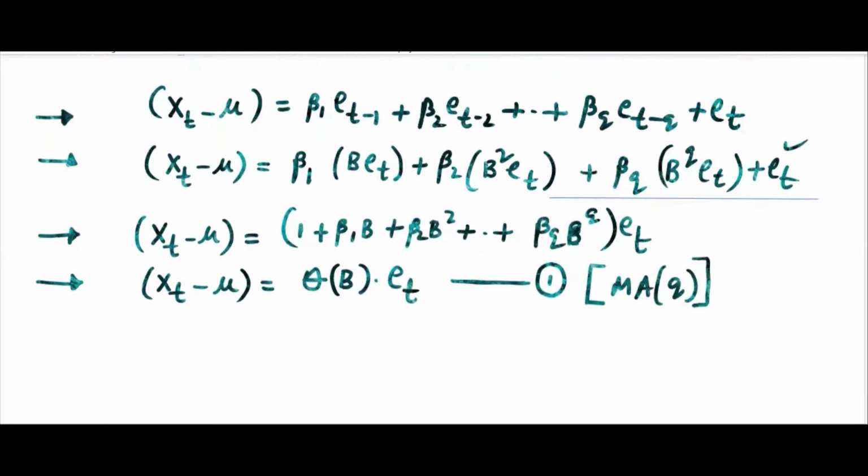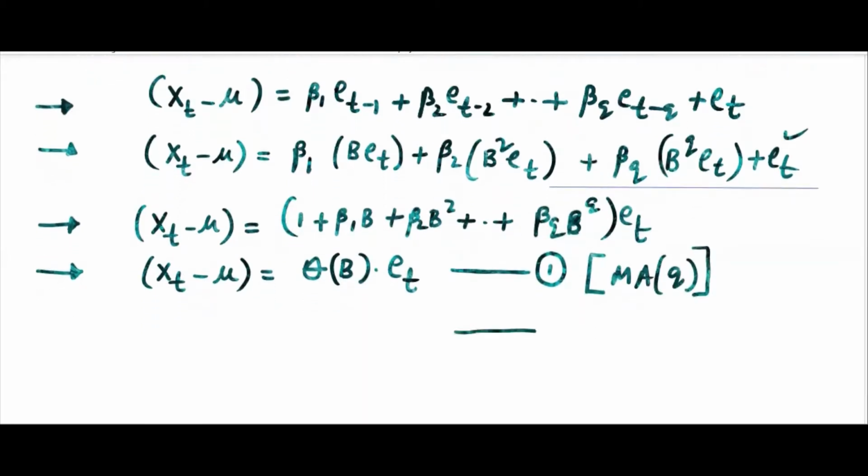Similar to this, we had one for the AR process. For the AR(p) process, if you remember, we had one representation. You remember that? X_t, how was the AR process?